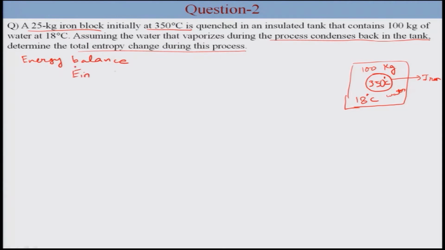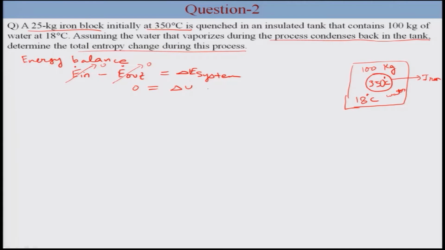E in minus E out is equal to delta E of the system. Now, nothing is coming in and nothing is going out, so both are 0. So, 0 is equal to change in energy of the system, which will be equal to change in internal energy of the system.